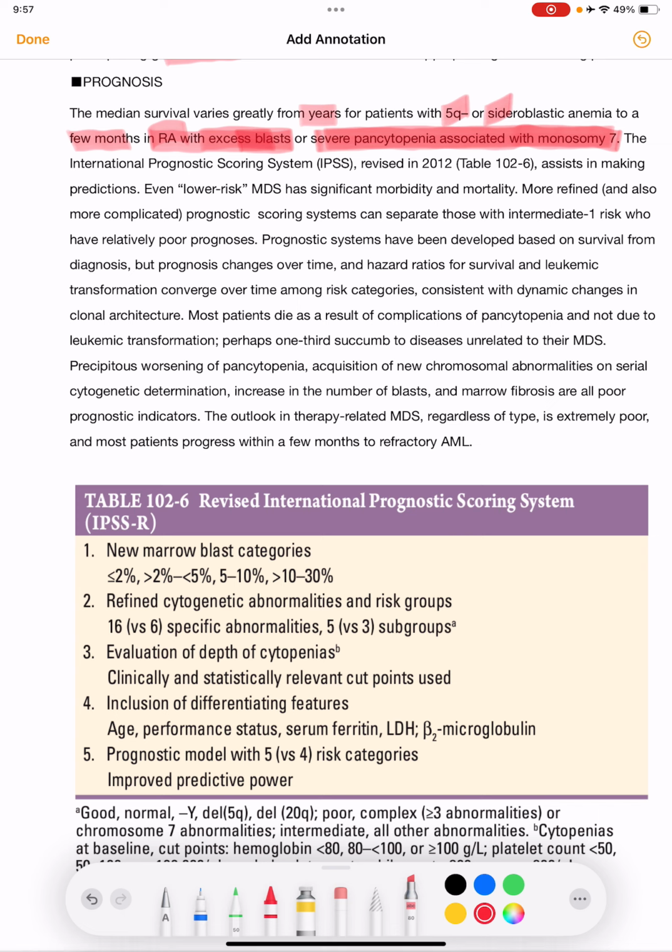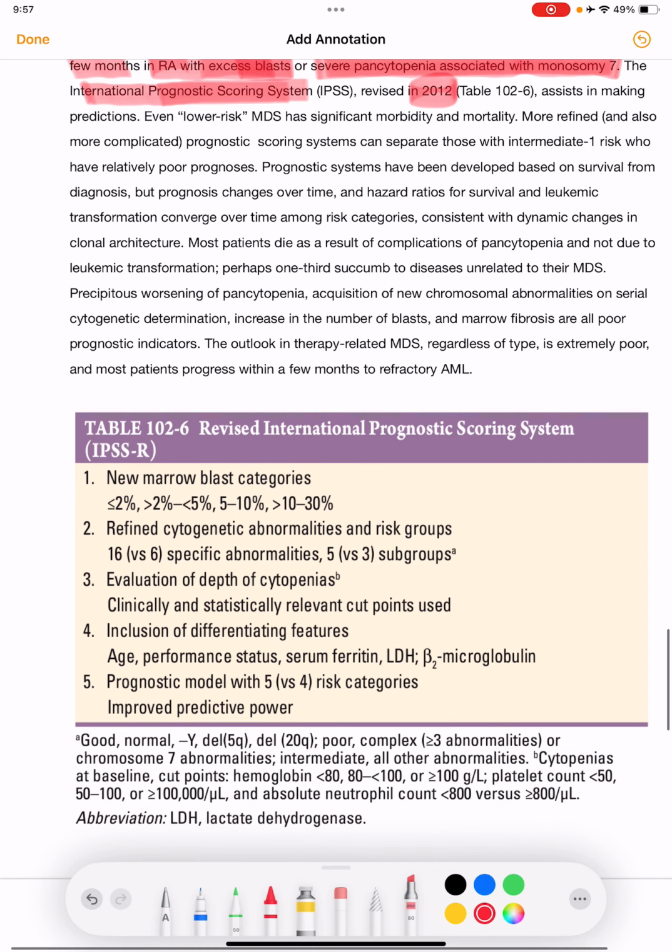The International Prognostic Scoring System was revised in 2012. It assists in making predictions. Even lower risk MDS has significant morbidity and mortality.